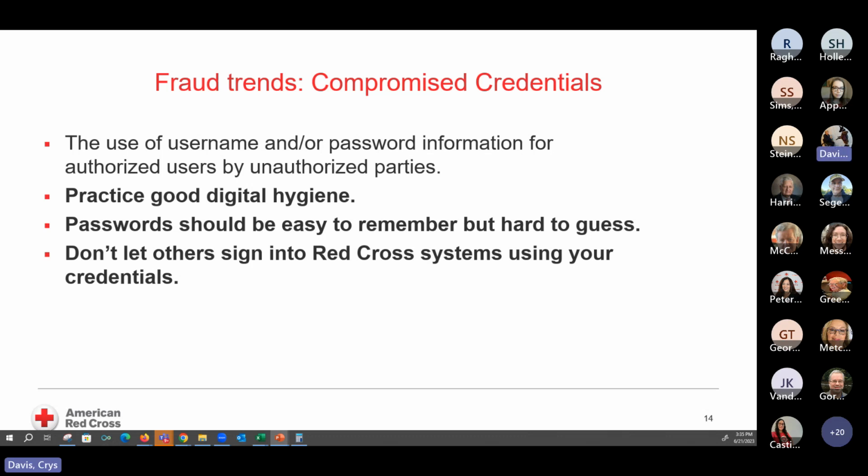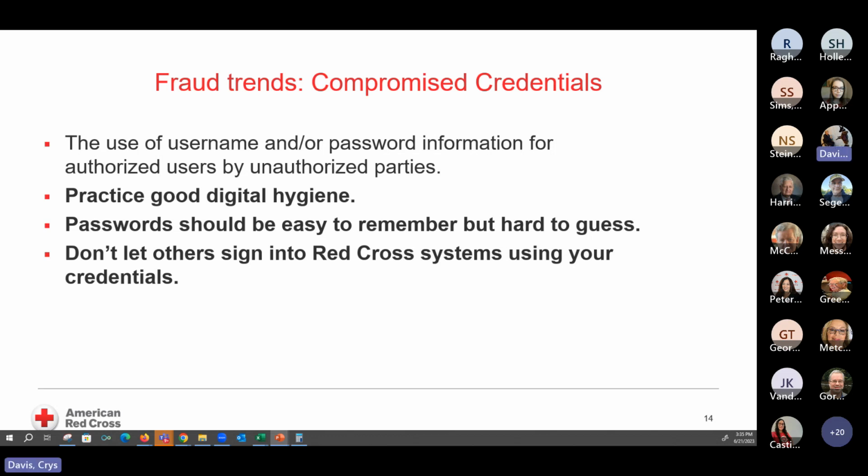Don't leave RC Care open random places. Don't be that person. Remember that your password should be easy to remember for you, but hard to guess for other people. And please, for the love of all that is good on the planet, do not let other people sign into any Red Cross systems using your credentials.